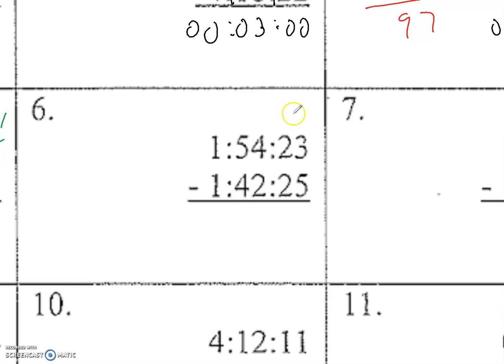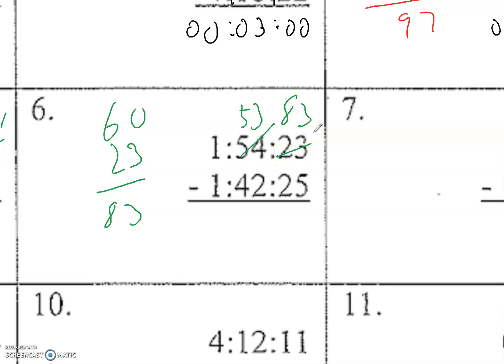Here's number 6. Again, another situation where 23 can't remove 25 from it without a negative number. So 54 gets turned into 53. Moving across, I have to add 60 to 23. That'll give me 83.